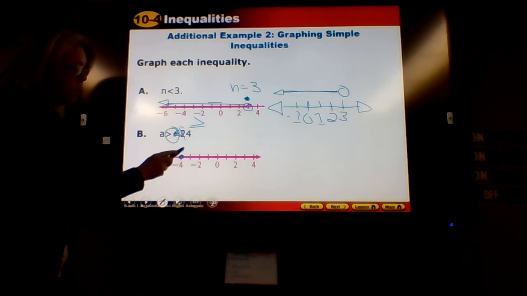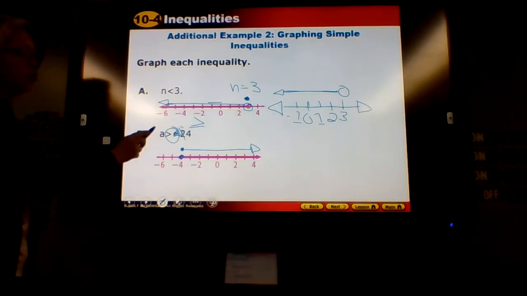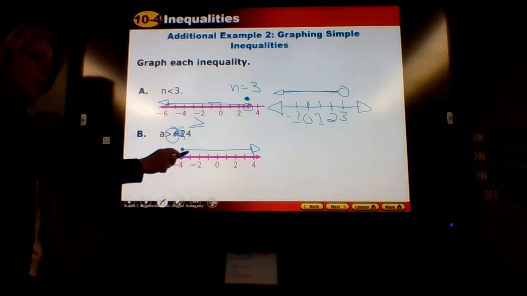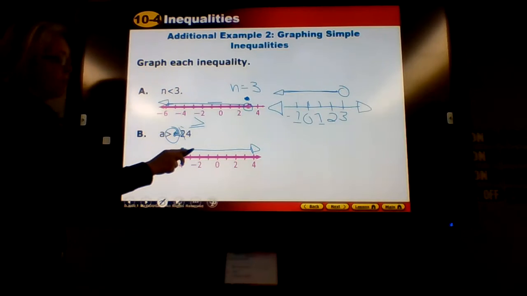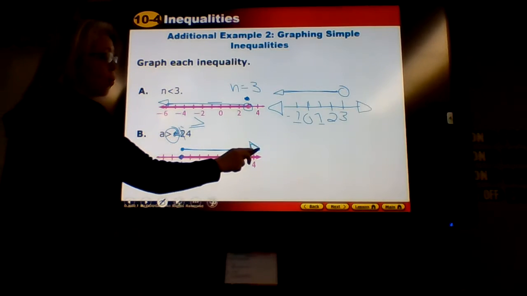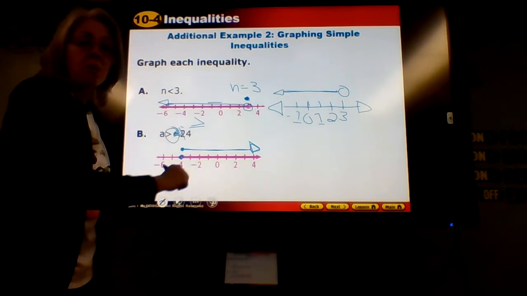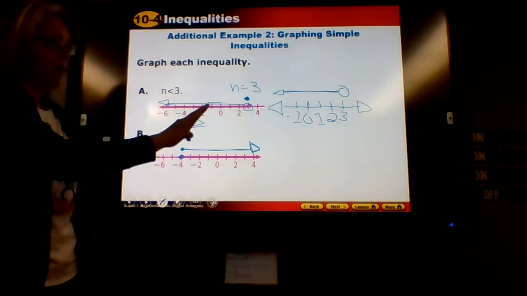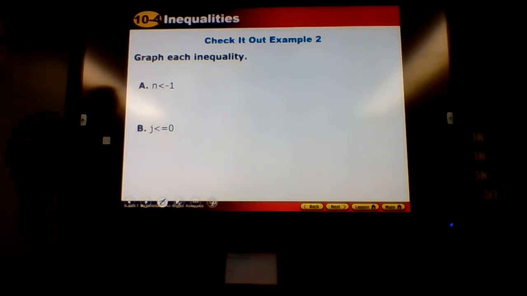And then our line, and I'll put it right above like I want you to do. And then our line goes this way because it's greater than negative 4. So negative 3, negative 2, negative 1, 0, those are all solutions. So everything that's covered by that number line. Now we're including an arrow at the end because we could go all the way up to 100, right? But we're not going to draw a number line that long. That would be crazy. So that's how you would do that.